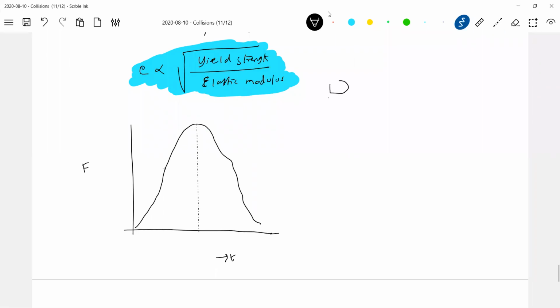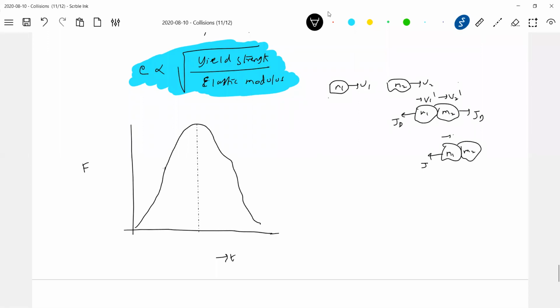There are two objects. They are going to collide, and after collision they'll be moving, and they'll come in contact during collision. Then a force will act, no? Impulse of deformation. V1 dash, V2 dash. Then they'll attain a common velocity, and again impulse of maximum deformation.